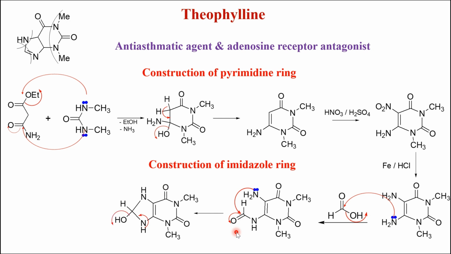Once the dehydration occurs, the nitrogen-hydrogen bond breaks and these electrons are shared with the adjacent carbon and it has to maintain its valency. OH gets kicked off, OH minus and H plus leave as a water molecule and it gives rise to the corresponding imidazolopyrimidine derivative, that is theophylline.